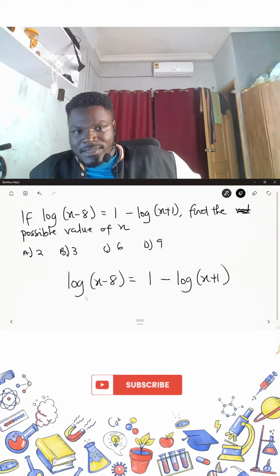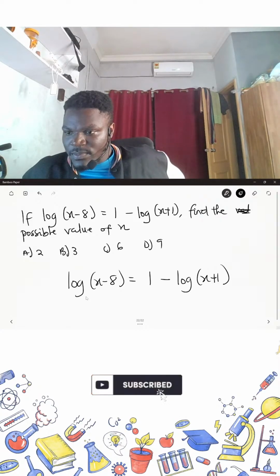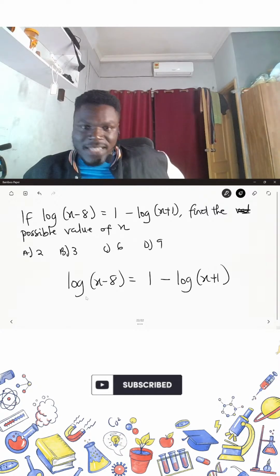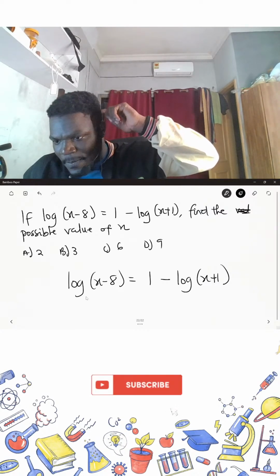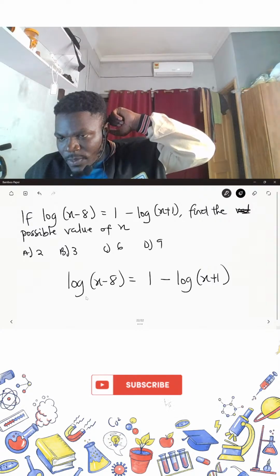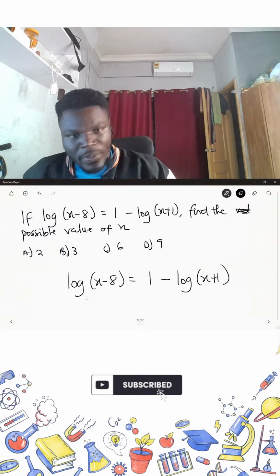Colina has concluded that her answer is option A. Vishal is saying it's 9, which is option D. So Suleiman, are you also on it, or we can proceed to look at the solution now?